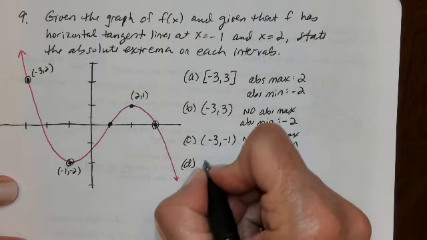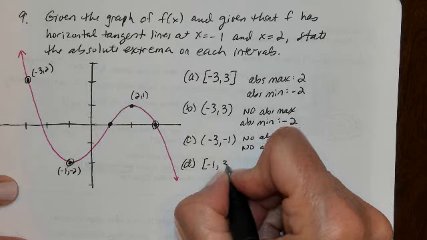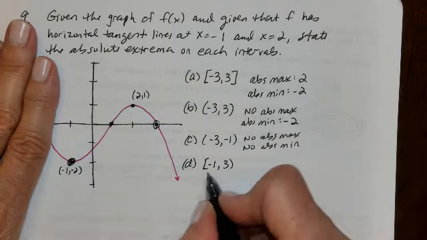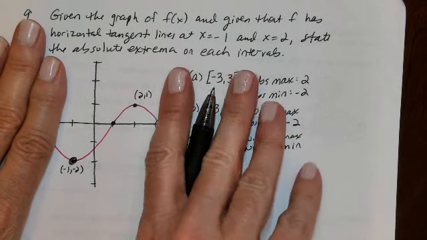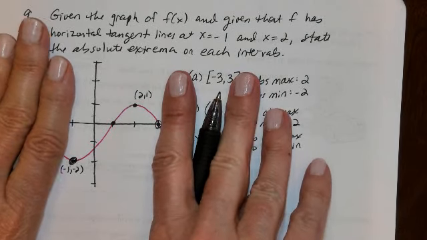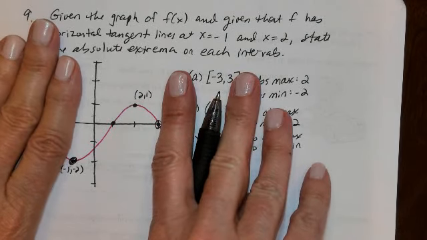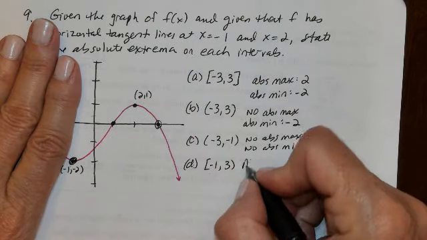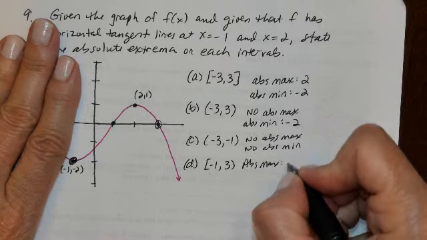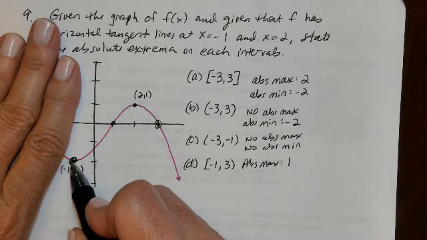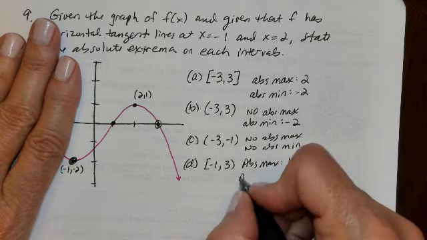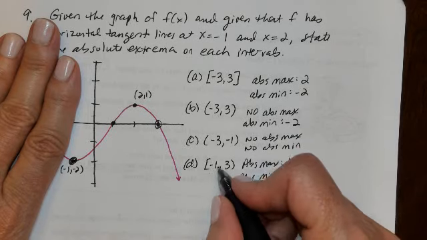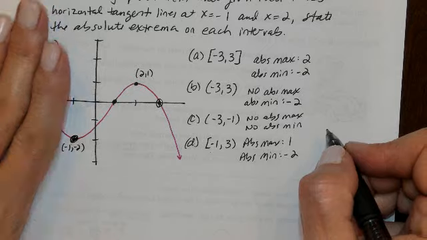What about -1 to 3? So now we're including -1, but we're not including 3, so that's still open over there. The absolute max is 1. The absolute min is -2, if we're including that -1 in our boundary.